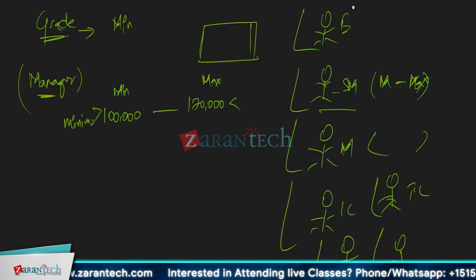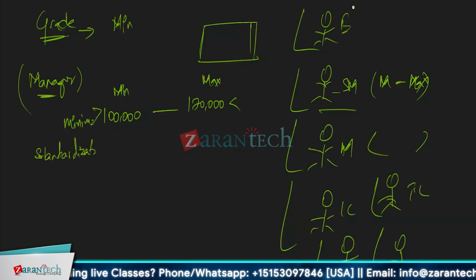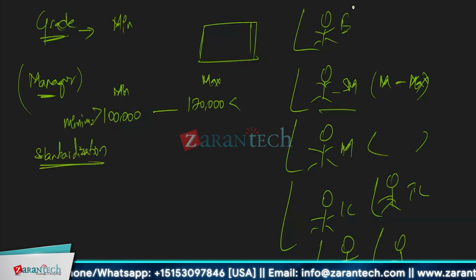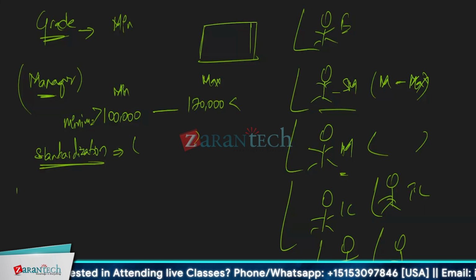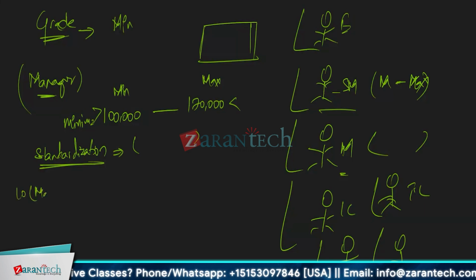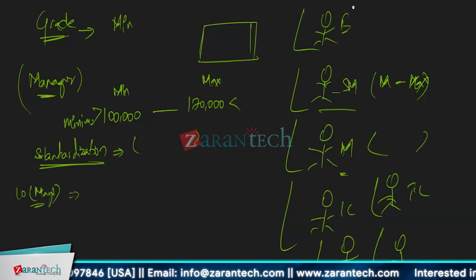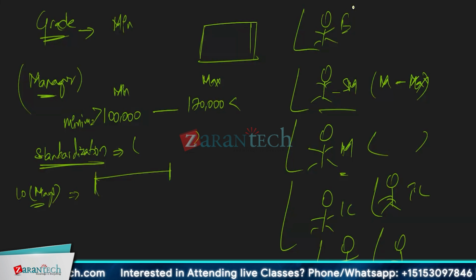Now, why do we need this? This is going to help maintain standardization. You don't want different employees at the same level to have widely different salaries. Of course, there can be 10 managers who all have different salaries, but you want to make sure they all fall within a salary bracket, a minimum and a maximum range.